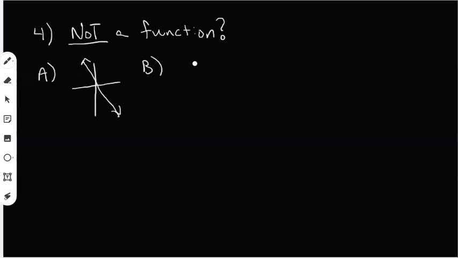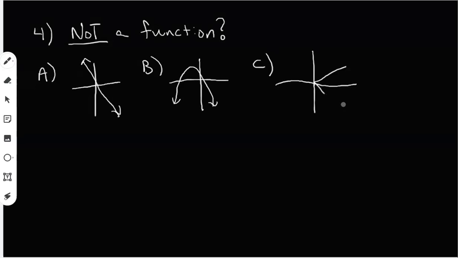B is going to be a downward facing parabola, which just means it's a U shape. Answer choice C is going to be a sideways absolute value, so it's going to look like this. And then answer choice D is going to be a downward facing absolute value, so it's going to have that V shape, just like the last one did.